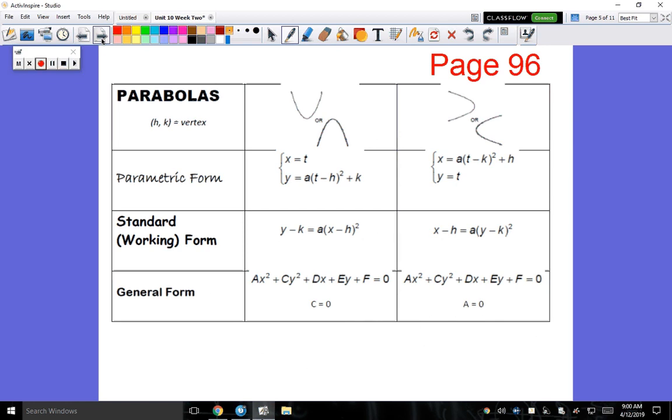So the parabola has many forms. You have vertical parabolas, and you have horizontal parabolas. Okay, vertical parabolas are the y is equal to x squared, but because of the vertical reflections and whatnot, it could be a positive, which this one would be a positive x squared, or it could be a negative that looks something like this. Okay, so that's this negative, this is the positive. And over here is the same thing.